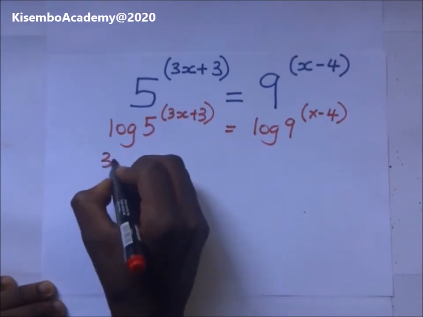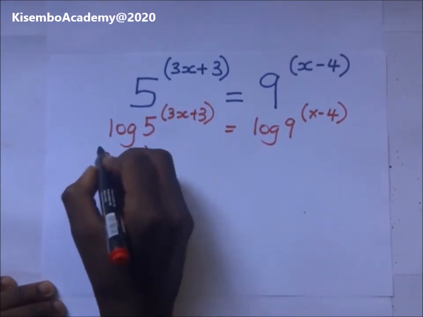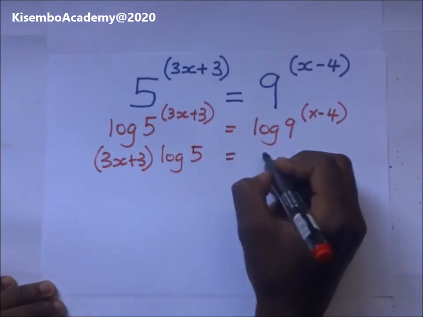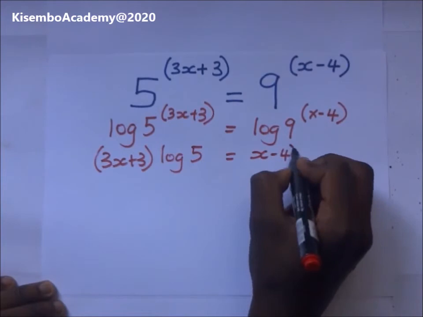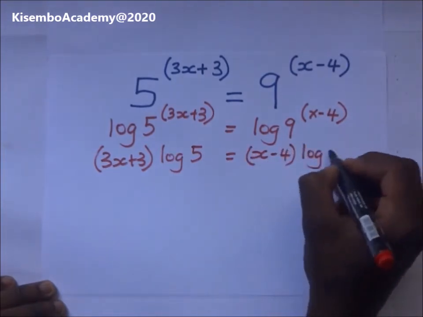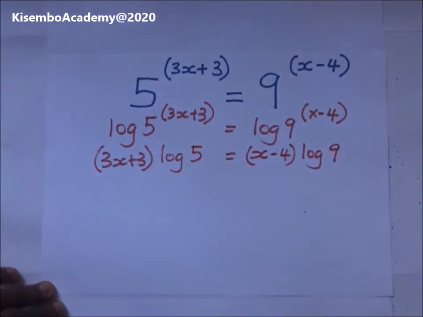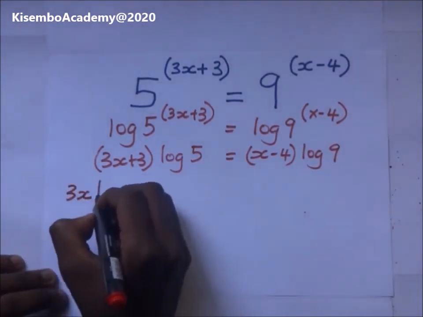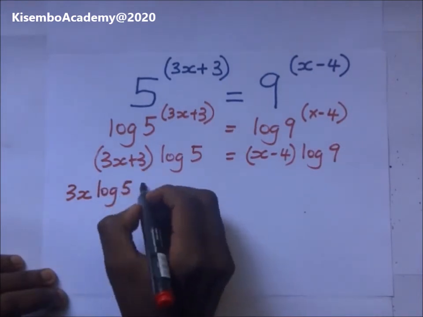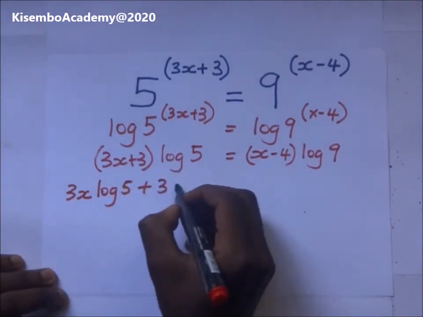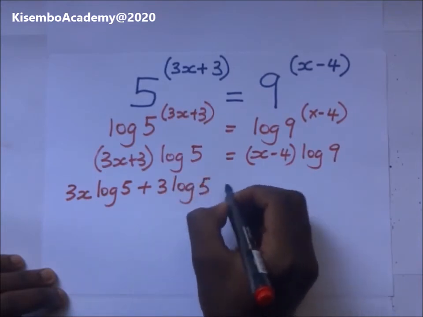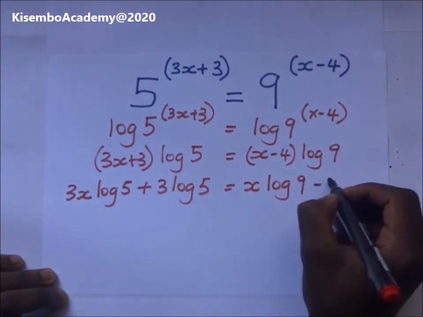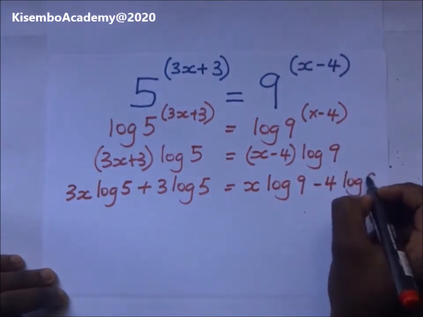This becomes 3x plus 3 times the log of 5 being equal to x minus 4 times the logarithm of 9. When we open brackets here, it's going to become 3x log of 5 plus 3 log of 5, and x times the log of 9 minus 4 the log of 9.